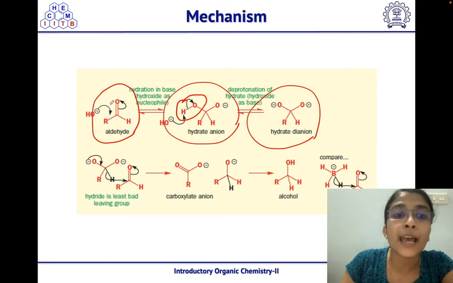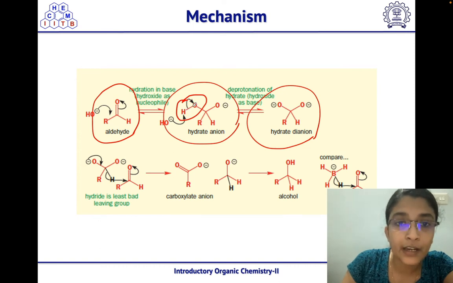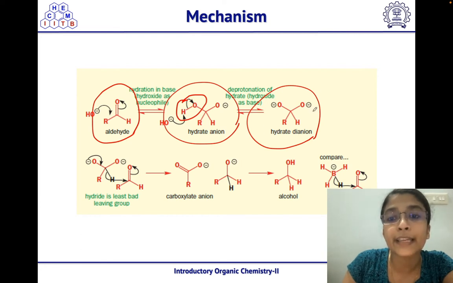Instead, it will add onto this carbonyl group and we will get a hydrate anion. Here nucleophilic addition is taking place. Then the hydroxyl group has a hydrogen atom. The base will abstract that hydrogen atom and it will result in the formation of a hydrate dianion. Is this clear? Clear, ma'am.